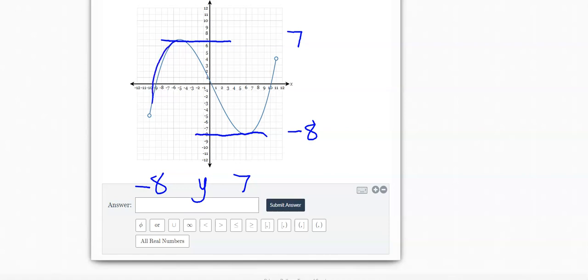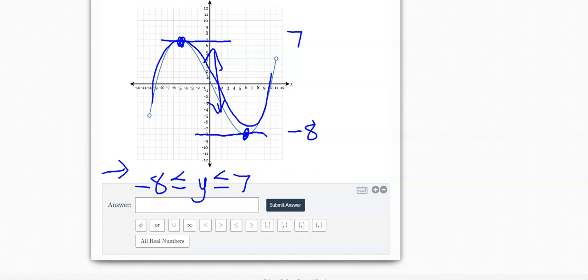Now because this graph is solid, and solid points are touching my highest values, then these would be less than or equal to symbols. Now as I read from left to right, I'm saying -8 is less than my range, and my range is less than +7. So it means I'm in between these two values.